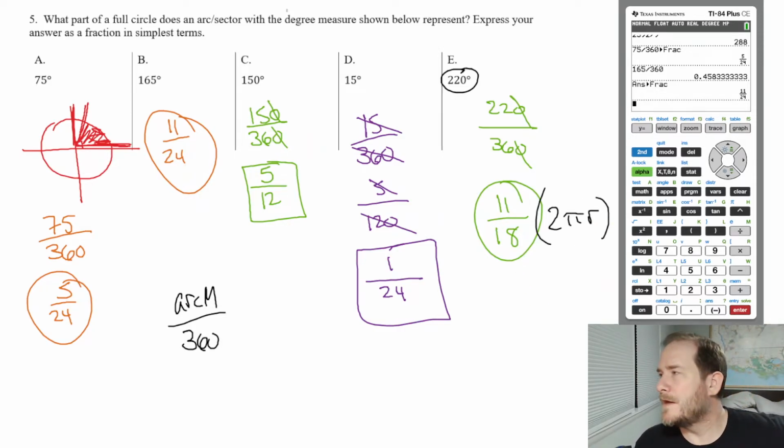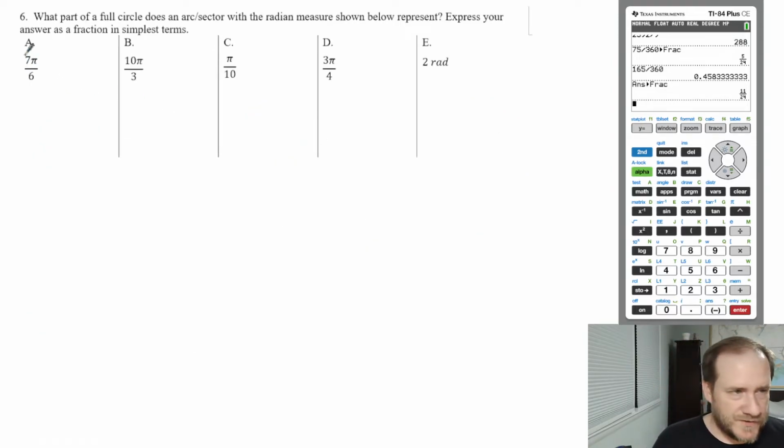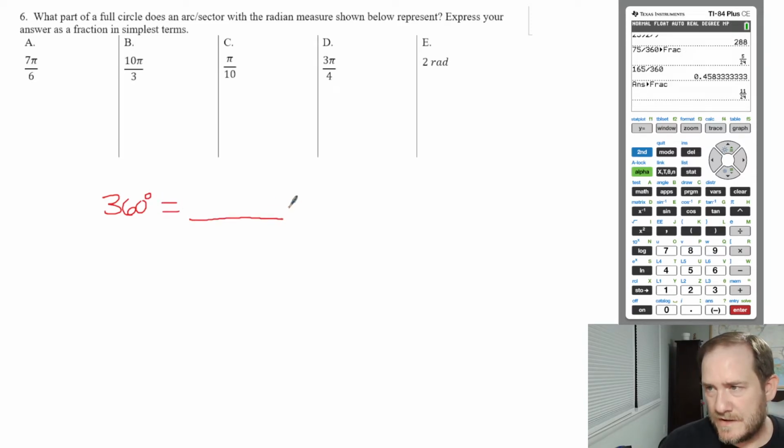Okay. So number 6 is the only place where you start seeing radian measures. And for this we said that 360 degrees on that scale is exactly the same as how many radians? And we said the answer to this question was 2 pi. So 360 is the same as 2 pi.